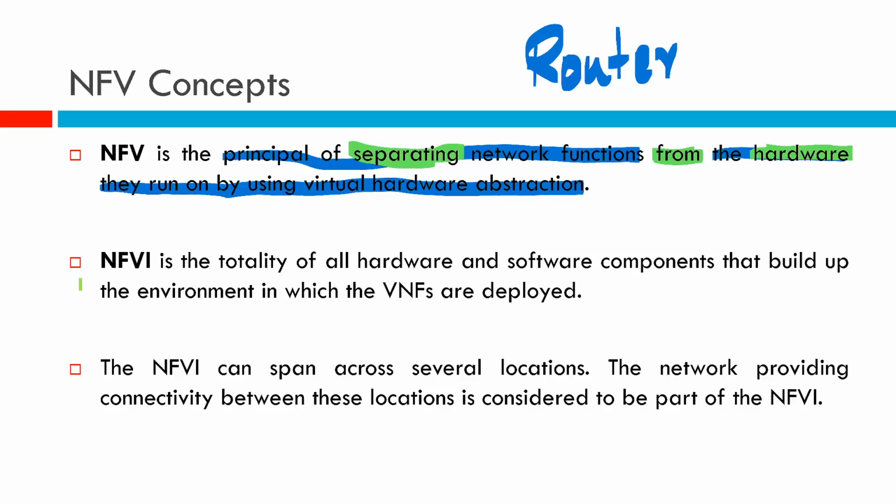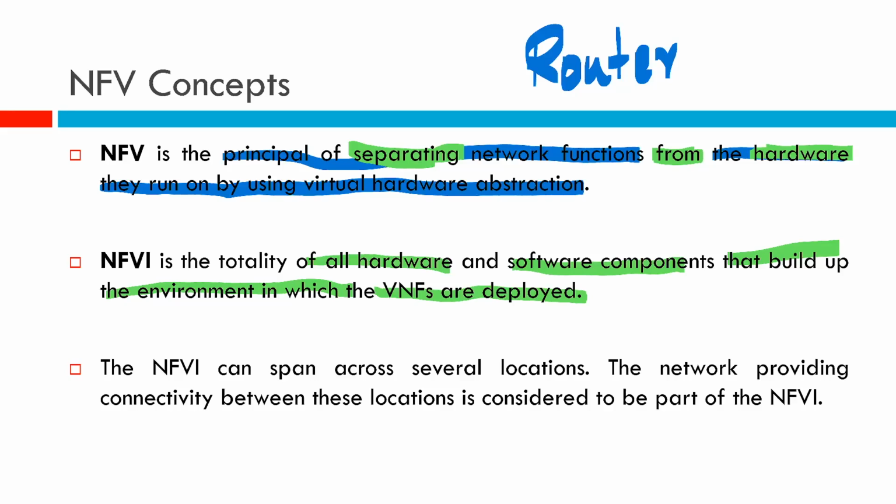NFVI, network function virtualization infrastructure, is the totality of all hardware and software components that build up the environment in which virtual network functions are deployed. So for infrastructure we need hardware. We cannot say we are going to eliminate 100% of hardware.